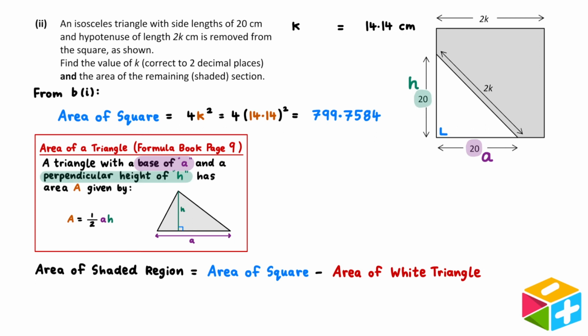It has a perpendicular height of 20, so H is equal to 20. We can find our area by subbing these values into the formula.